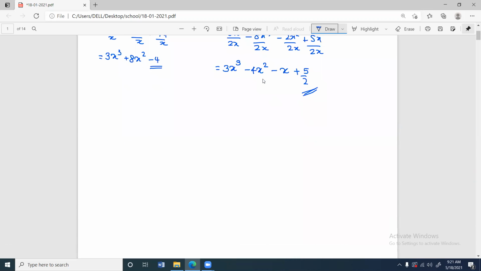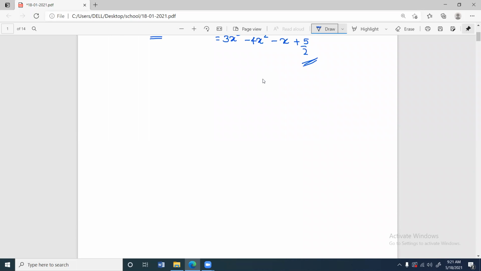Then I'm going to extend the session to what we learn in AS level mathematics. If it is a situation like x squared plus x minus 6 divided by x plus 3, what we need to do is initially see whether you can factorize this.